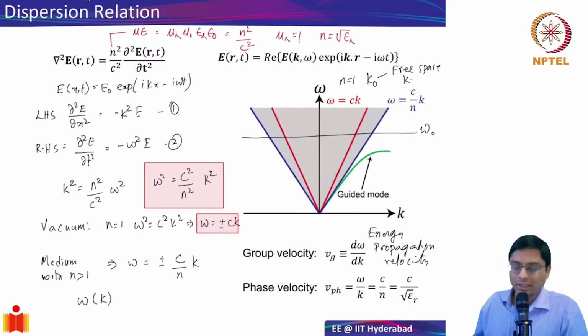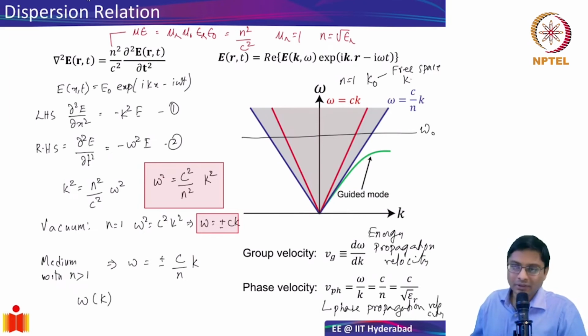Similarly, phase velocity is simply the ratio omega by k, or c by n, and this is the speed with which the phase propagates.